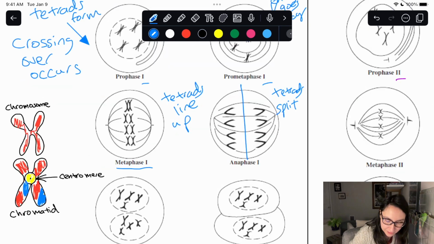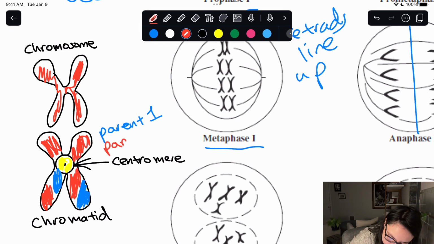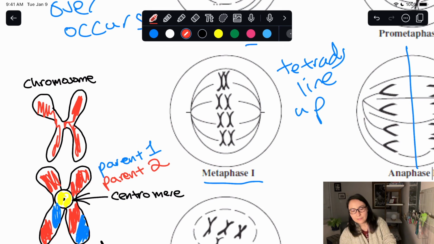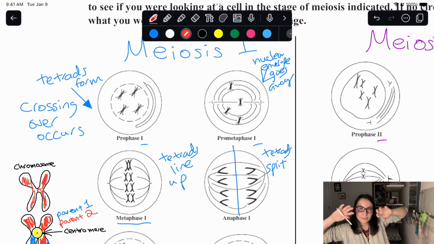They have different colors because the blue is parent 1 and this red is parent 2. Through crossing over, little pieces of one chromosome and little pieces of another created those tetrads. That's how genetic diversity occurs.